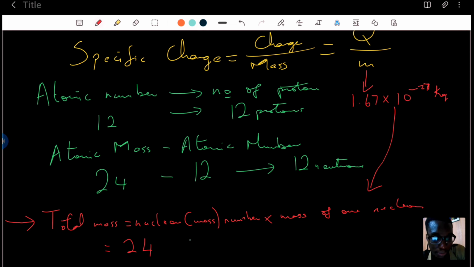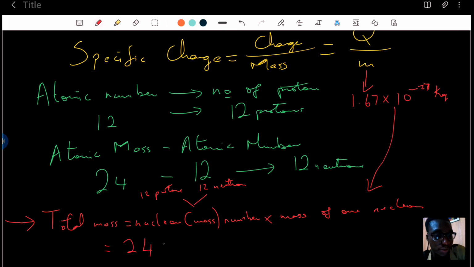That's 12 plus 12, 12 protons plus 12 neutrons. This is all you have in the nucleus. We can as well call it the mass number, but just for the sake of explanation, we call it the nucleon mass number.